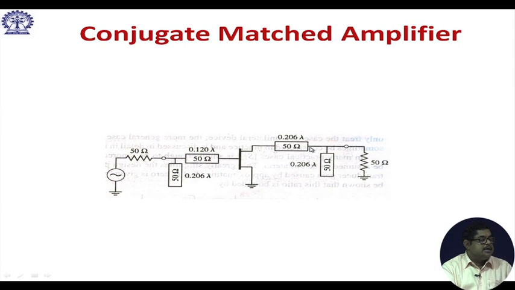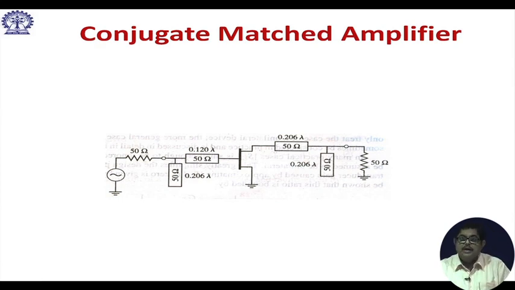Similarly, here a transmission line of length 0.206 lambda, and the stub is also 0.206 lambda. So, now from this side the source will see a 50 ohm impedance. Similarly, from this side the load will see a 50 ohm impedance. This is the conjugately matched amplifier. Okay. So, with this example we conclude the conjugate matching.